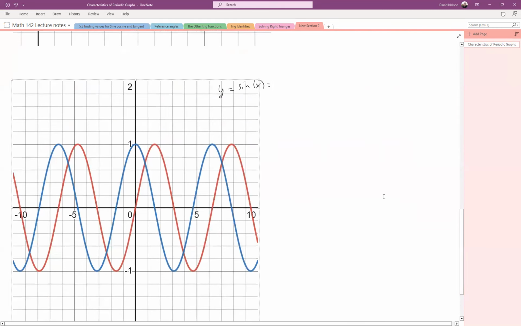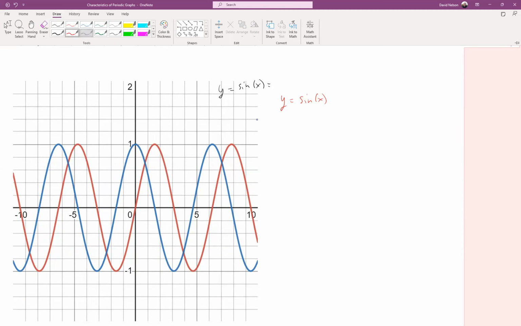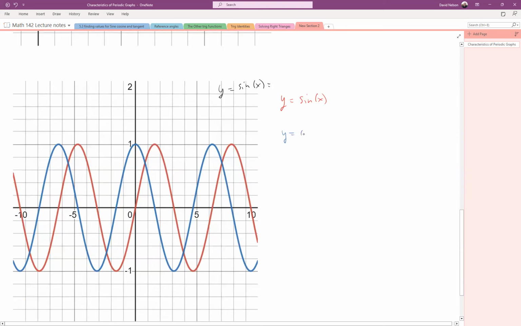The red one is y equals sine of x. Let me switch to red here. Is our graph of y equals sine of x. And the blue one is y equals cosine of x. We'll switch to blue. Y equals cosine of x.